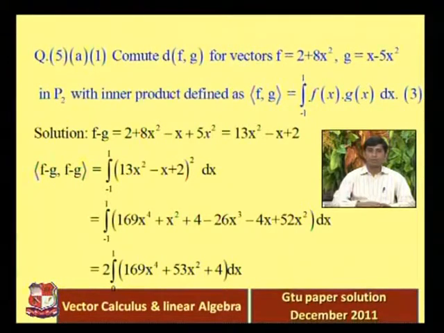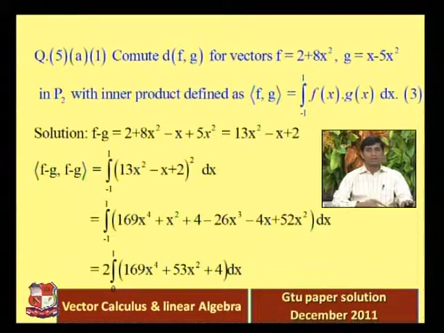Using that property which I already explained here, now this integration becomes 2 times the integration from 0 to 1 of 169x raised to 4 plus 53x square plus 4, dx. You should know that the integration of x raised to 4 is x raised to 5 upon 5, the integration of x square is x cube upon 3, and the integration of 4 is 4x.